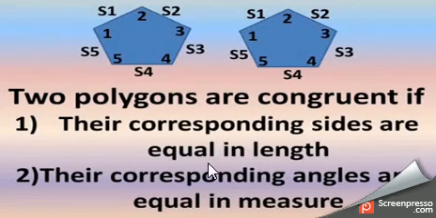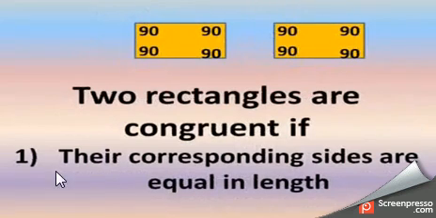Now we will take some special cases of special polygons. What's the shape? The shape, mister, is a rectangle. Excellent, because each corresponding side is equal in length and all of these angles are right angles. When can I say these two rectangles are congruent? Attention with me. The two rectangles are congruent if their corresponding sides are equal in length.